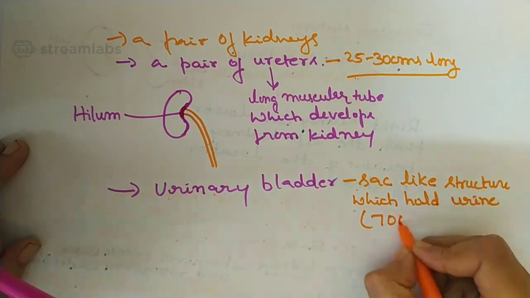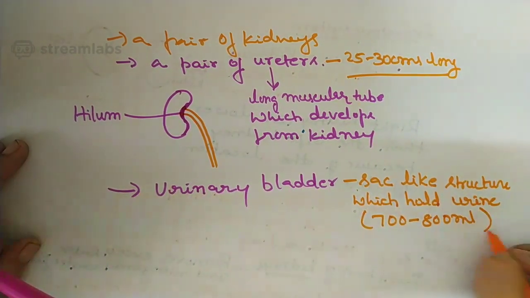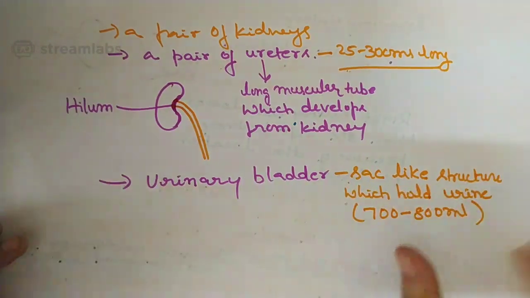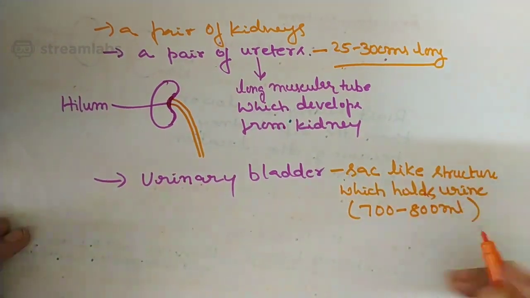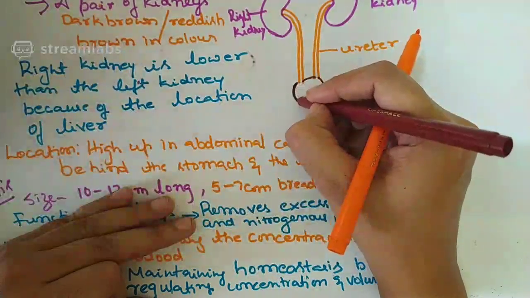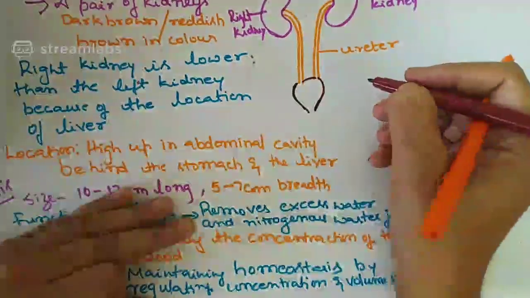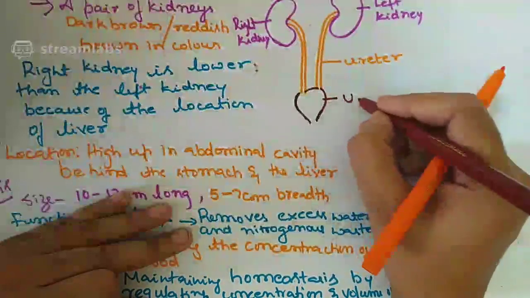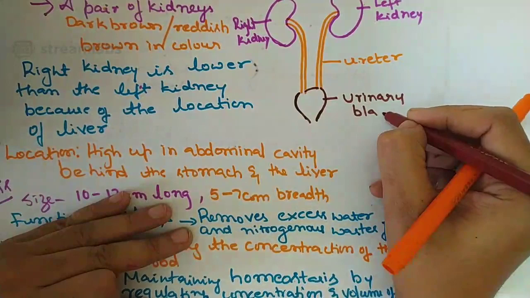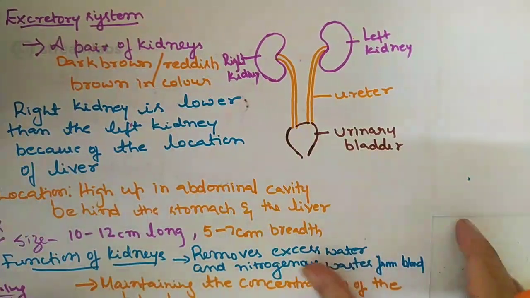It can hold approximately 700 to 800 ml of urine. A bag-like structure which holds the urine. What is this bag-like structure or sac-like structure? It is urinary bladder.